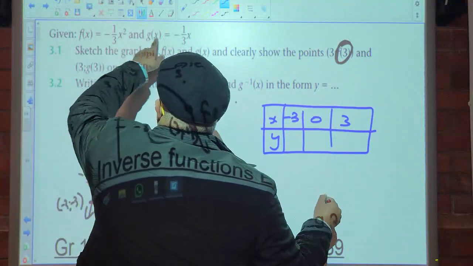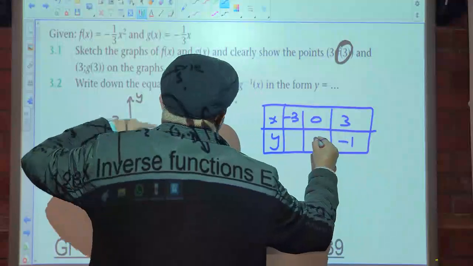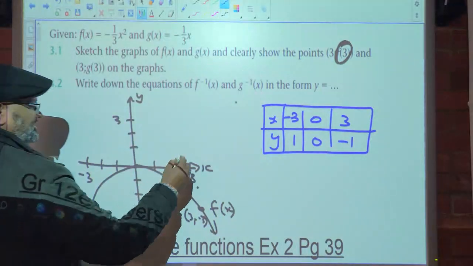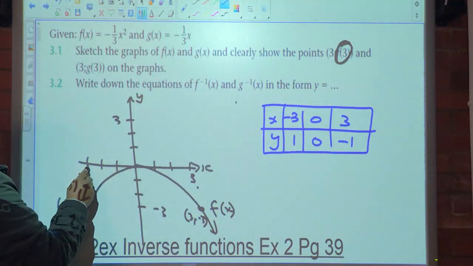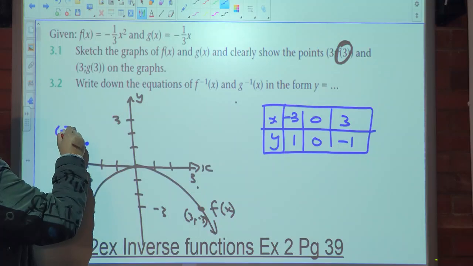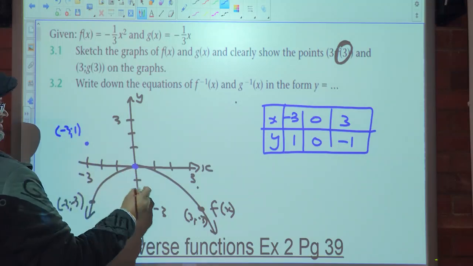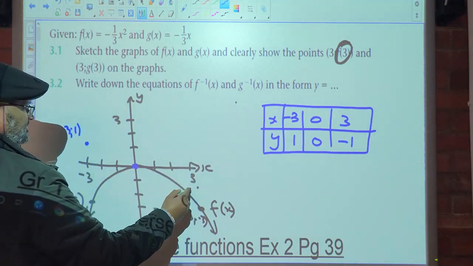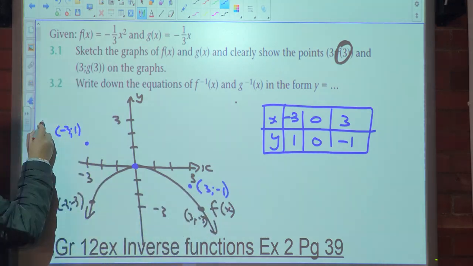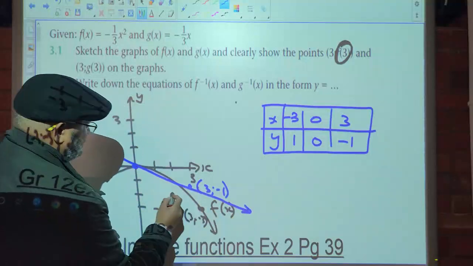So g of 3 is going to be negative 1, 0 and 1. So you've got minus 3 and 1, 0 and 0, and 3 and minus 1. Again with the ruler, we draw that line.